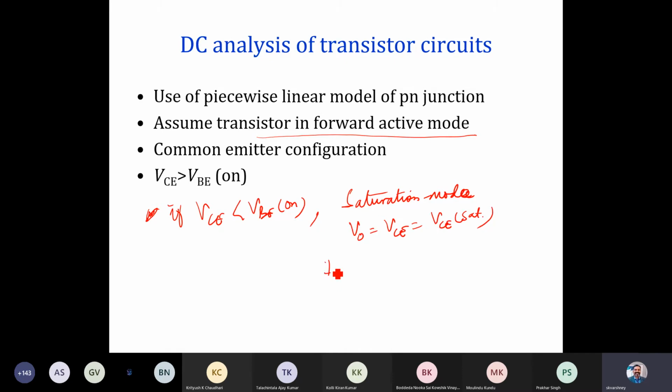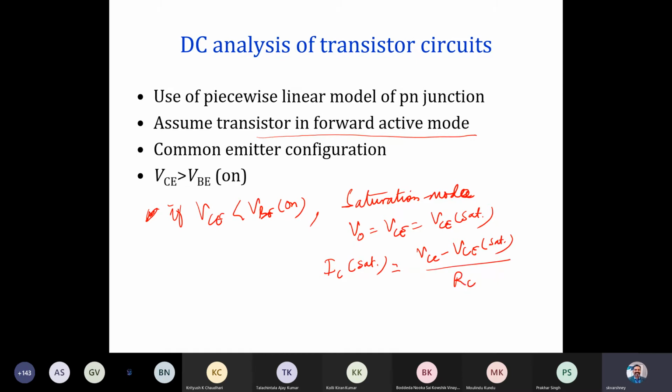So for a given circuit, we find the saturation current, the maximum collector current that can be obtained. For a simple circuit, it is VCC minus VCE saturation divided by RC.